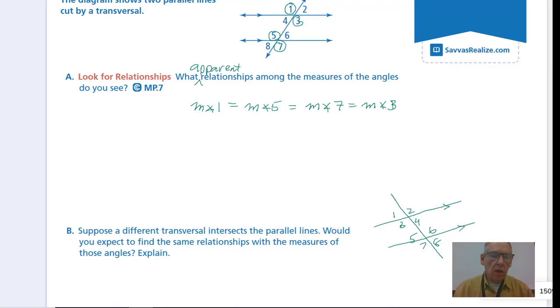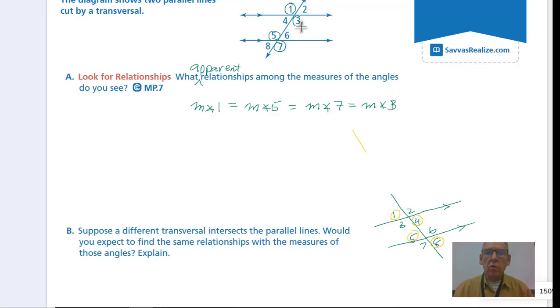Again, it looks as though angle 1 is going to be congruent to angle 4 because of vertical angles. It looks as though angle 1 and angle 5 are congruent. They're corresponding. 5 is congruent to 8 because of it being vertical, but 1 and 8 then would be congruent because of alternate exterior angles being congruent. And it also looks as though we could say that 4 and 6 are also congruent because those are alternate interior angles.